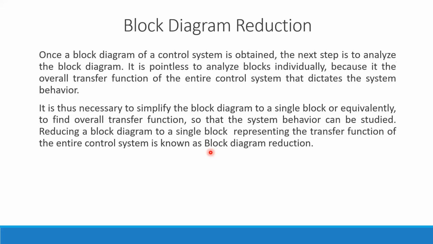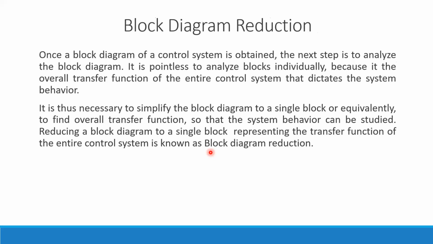Based on their relation with each other, we will reduce these blocks into a single block having one input and one output, and from this input and the transfer function of the reduced block, we can calculate the output of the whole system.